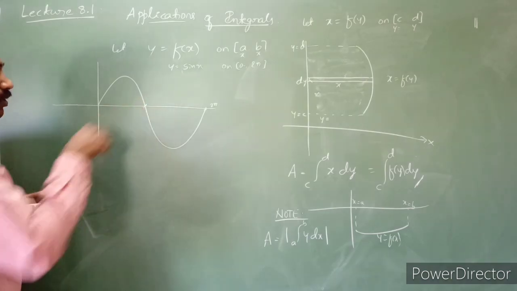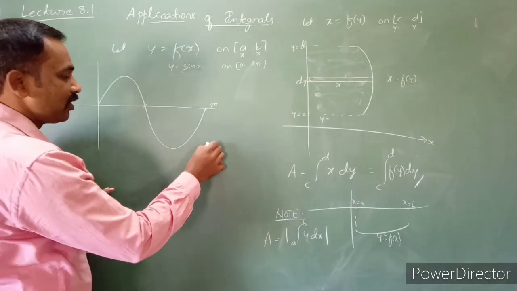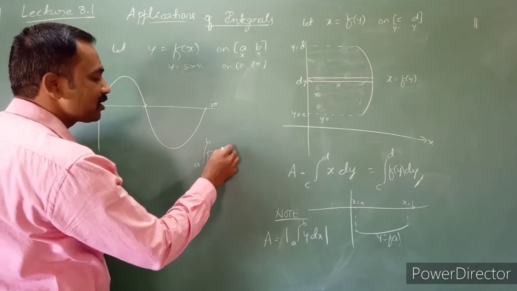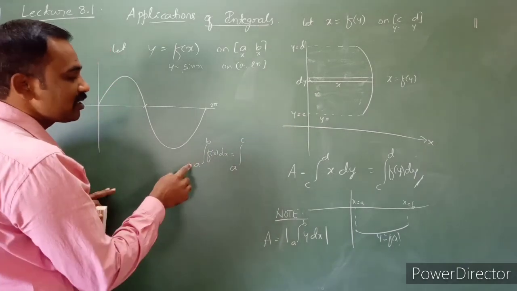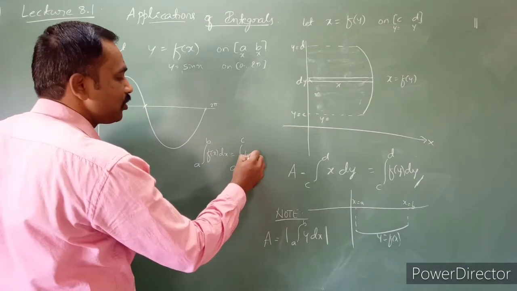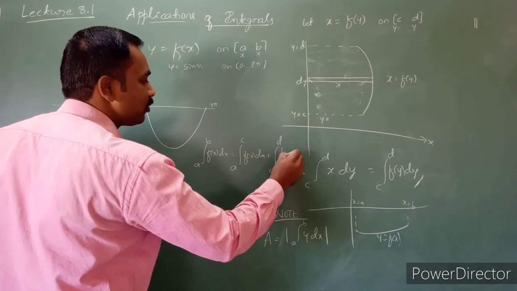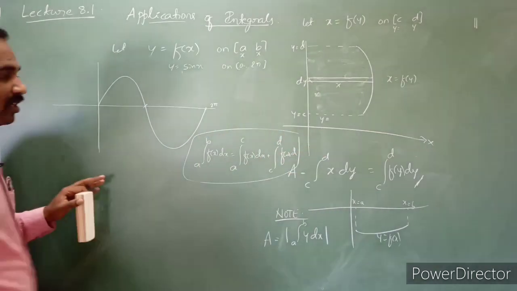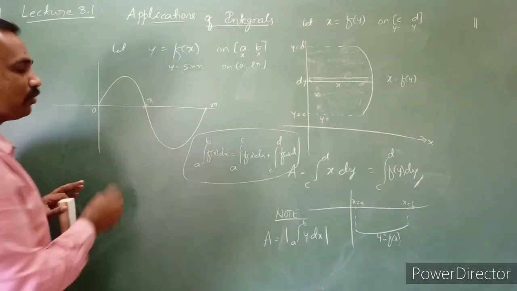I just split this interval due to the properties of the definite integral. What is the property of the definite integral? Integral from a to b of f of x dx can be split as integral from a to c of f of x dx plus integral from c to b of f of x dx, where c belongs to this interval. Using this property, I split it into 0 to pi and pi to 2 pi.